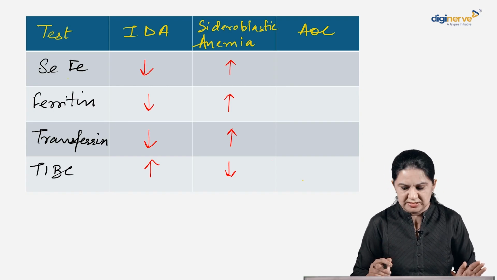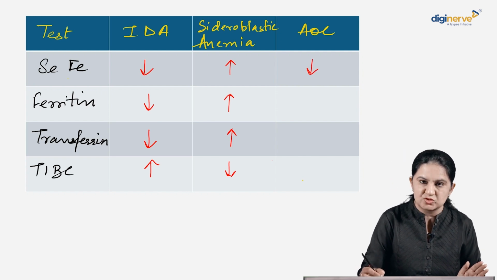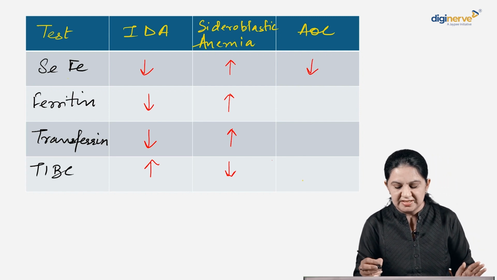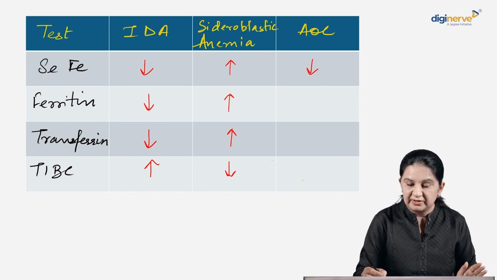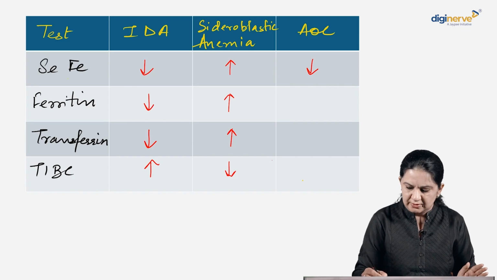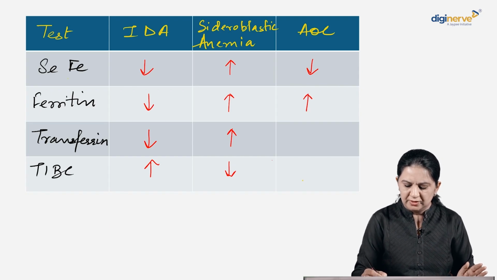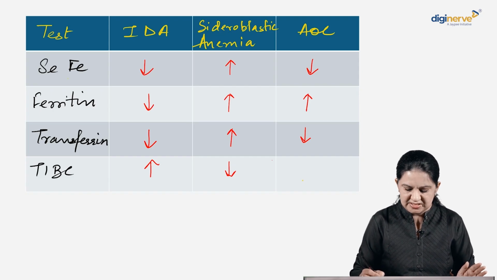Anemia of chronic disease, what will happen to iron? Iron will be reduced. Why? Because hepcidin prevents iron absorption. There would be reduced iron in the circulation. So iron would be less, ferritin would be more, transferrin would be less. What will happen to TIBC?